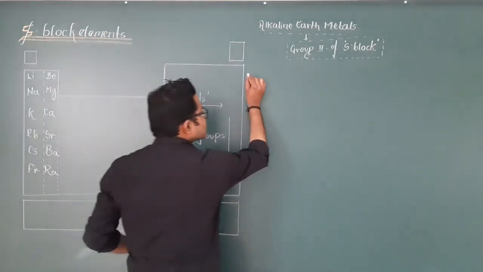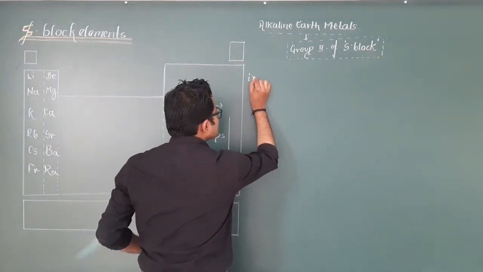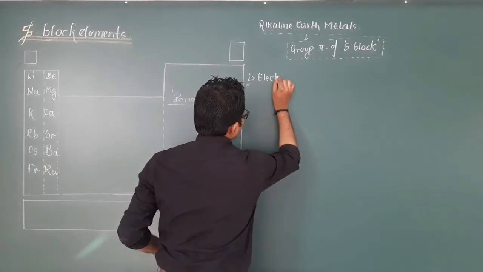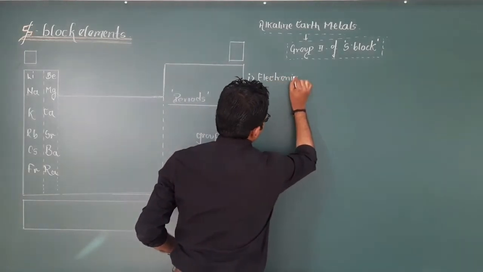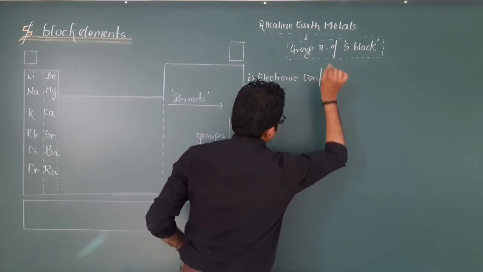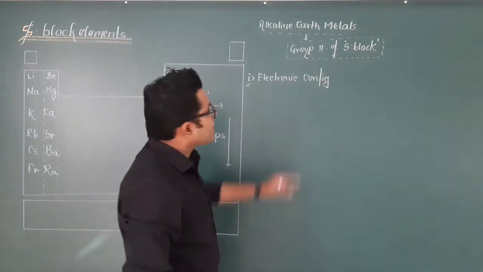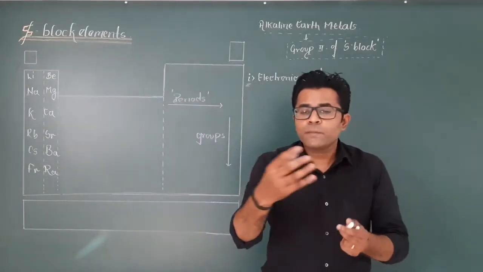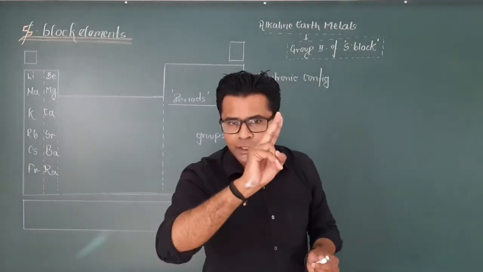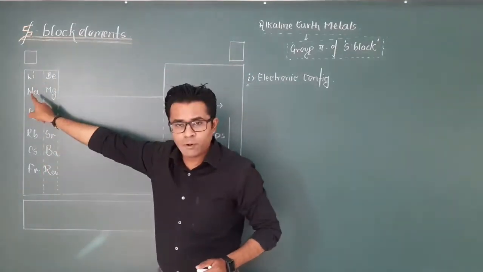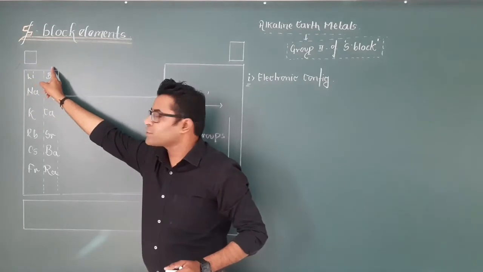Now, we start our studies with the first property, and that particular property is the electronic configuration. Under this S block, we know that S orbitals have a capacity to accommodate 2 electrons. Accordingly, the 2 sections were formed in S block, group 1 and group 2.